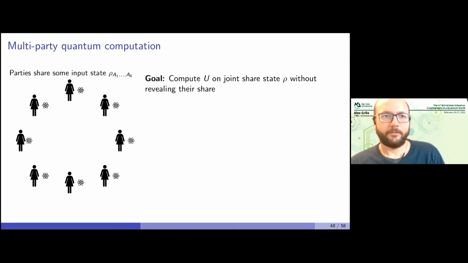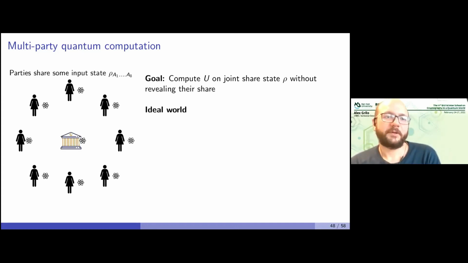And now I'll quickly explain how, instead of quantum protocols for classical multiparty computation, we can have protocols for parties that are quantum and want to compute a quantum functionality, meaning that they share some quantum state rho, and they want to compute some unitary on this jointly distributed state rho.